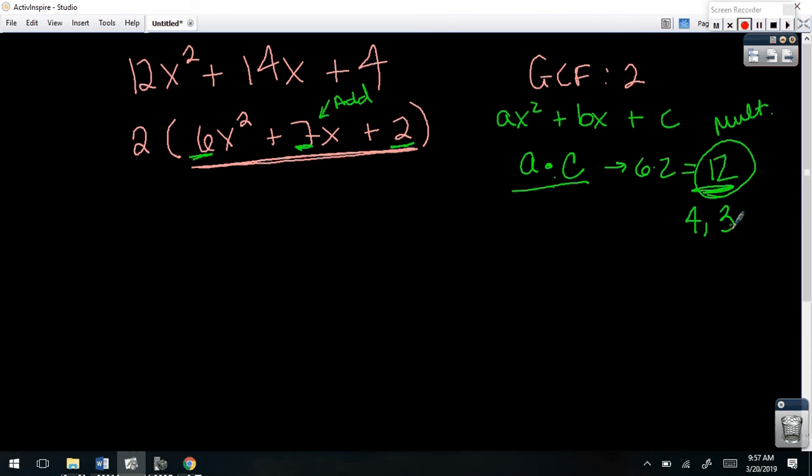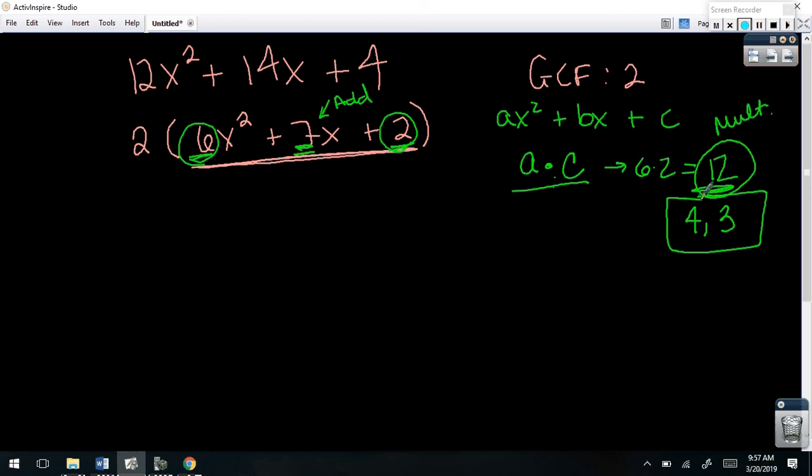Do you see where 4 and 3 came from? Okay, you multiply the first and the last together. So 6 times 2 is 12. So they multiply to these 2, but they add to what's in the middle. Those 2 numbers are 4 and 3.